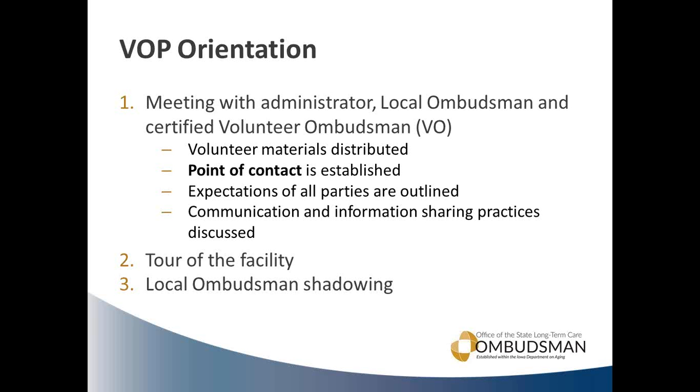So basically, the volunteer gets their supplies at that time. We have a point of contact established in the facility, usually the administrator or somebody at the managerial level that the volunteer will always go to with their concerns. They'll check in with that person, they'll check out with that person, and they will verbally explain all the complaints and seek follow-up from them.